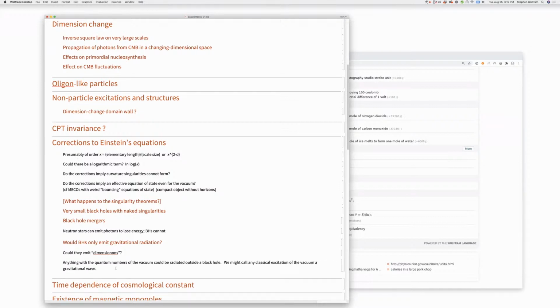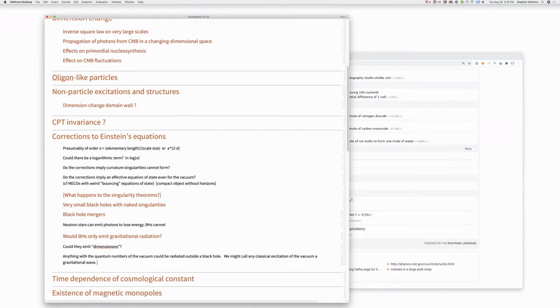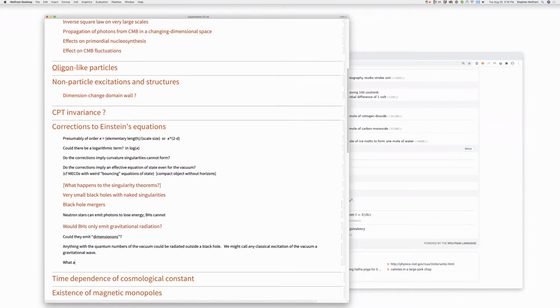But for example, it's not obvious to me that if there are... what about the oligon case? Since we have no idea what the quantum numbers of such things are, that doesn't help. Right.